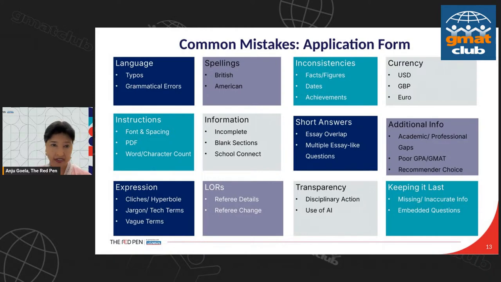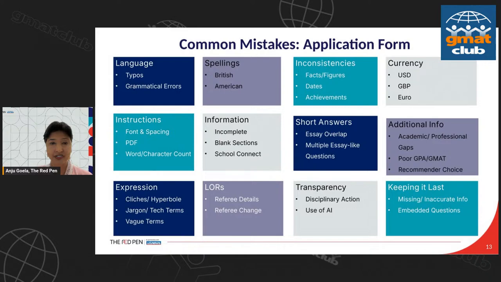So you need to use these sections prudently so that the adcoms get to know a little more about you. Everything that you put in your application should be additive and should add value to your application. So use these sections. Do not leave blank sections.